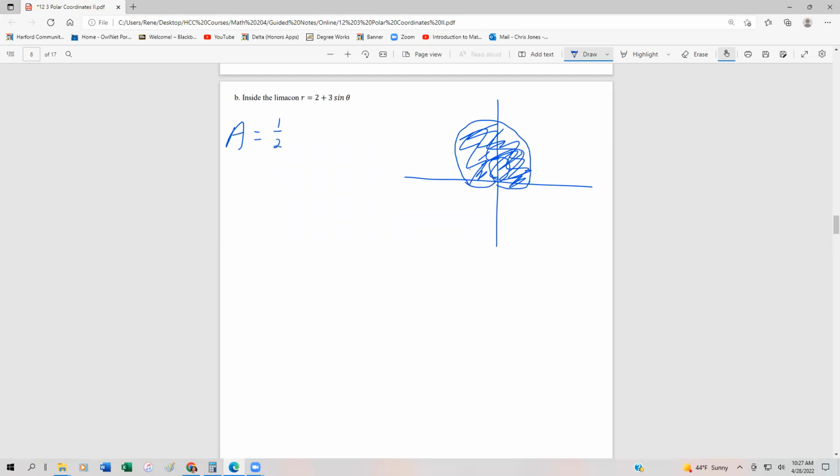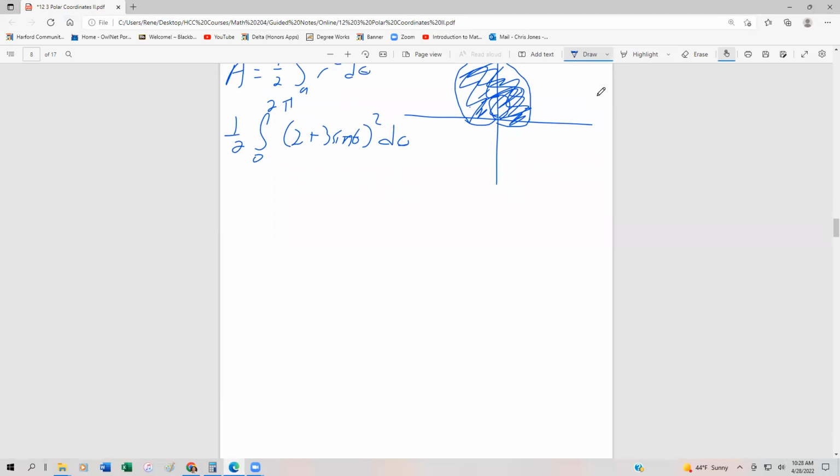A equals 1/2 integral from a to b of r squared d theta. In this case, we're going to get 1/2 integral from 0 to 2 pi, and we're just going to take that 2 plus 3 sine theta and square it. Now, of course, we're going to have to use FOIL on this.